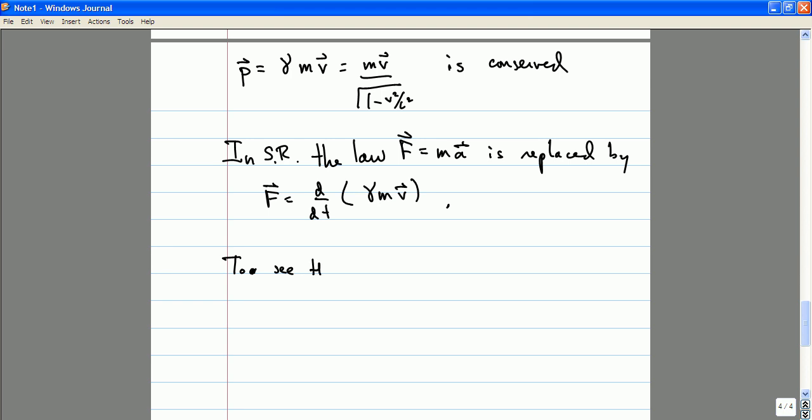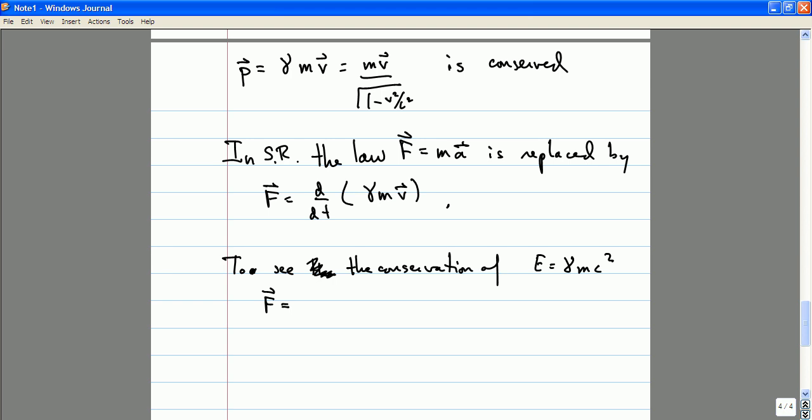So to see the conservation of E equals mc squared divided by the square root of 1 minus v squared over c squared, or just more simply, the conservation of gamma mc squared, where gamma is our old friend, the relativistic factor, we need to use the conservation of momentum. So one way of seeing this is to write down this expression for the force in a little bit more detail.